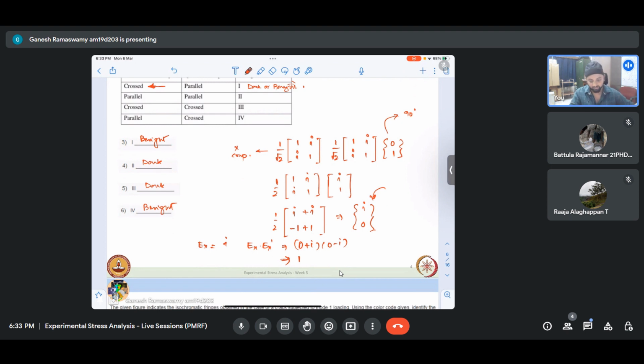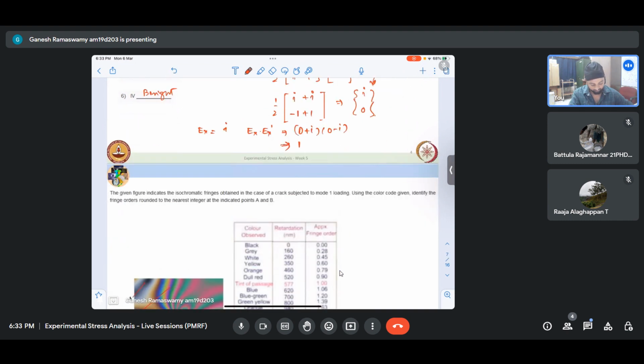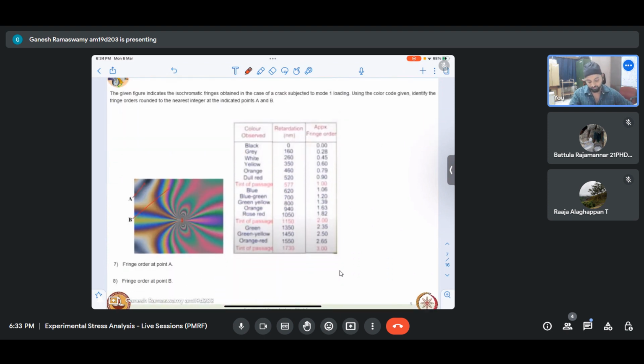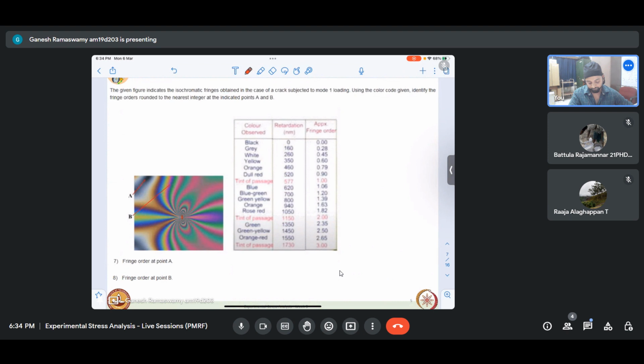Okay. So let us look at the next question. The given figure indicates the isochromatics obtained in the case of a crack subjected to mode 1 loading. Not that it matters, but I'll give you a brief of what essentially they mean by mode 1.